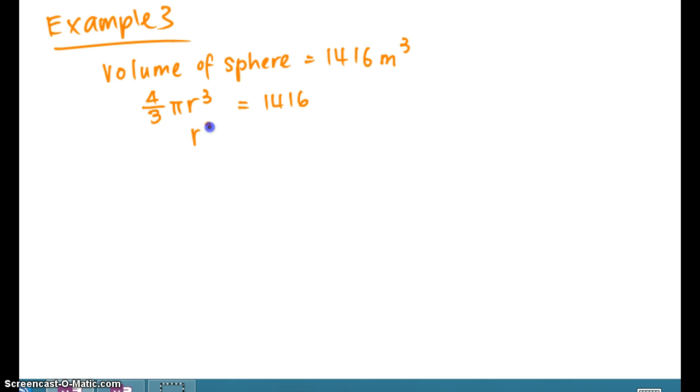R cubed is then calculated by 1416 divided by 4/3 pi, and pi is 3.142.